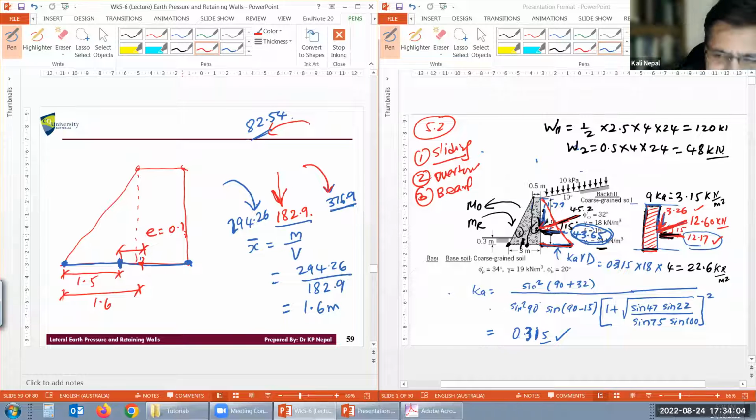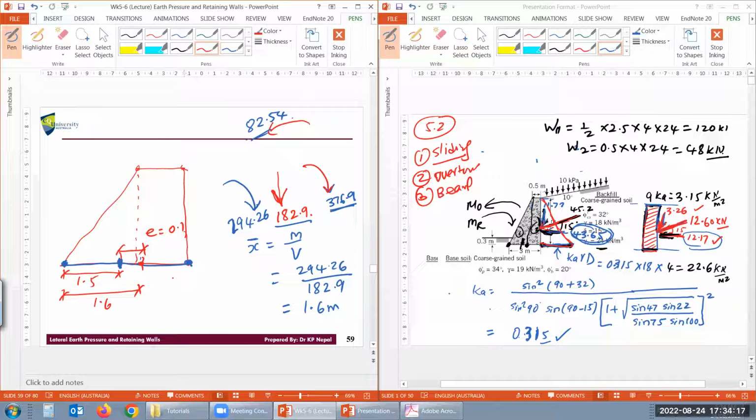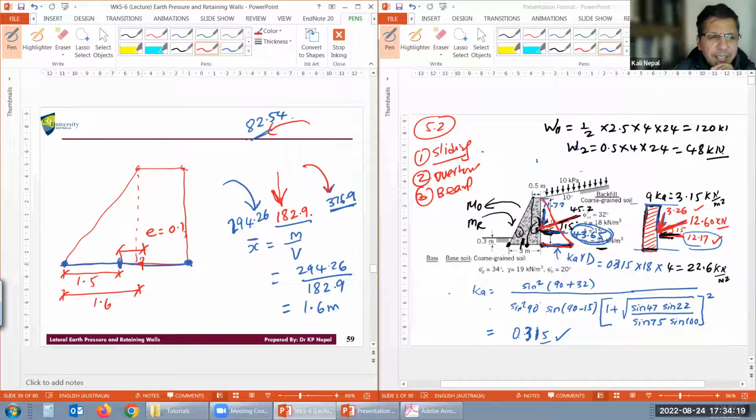Now, once we know the eccentricity, we need to calculate. Because it's pressing this side, when it is overturning that way, it is 1.6 from that side, right? So this side is 0.1. So maximum and minimum we need to find. If it takes that side, it would be smaller. Can I draw at the bottom, because we already know the eccentricity?